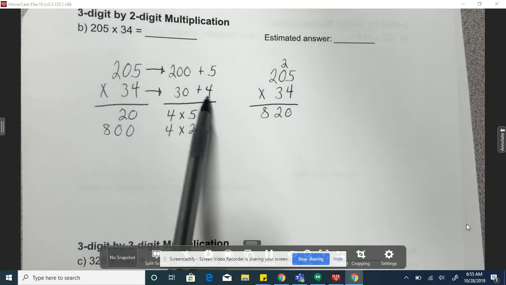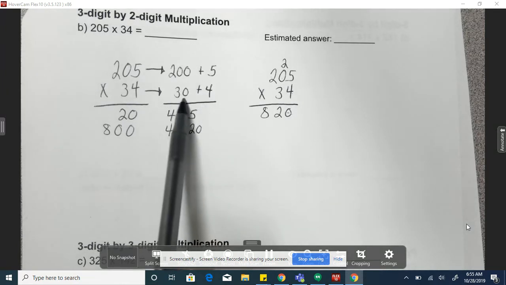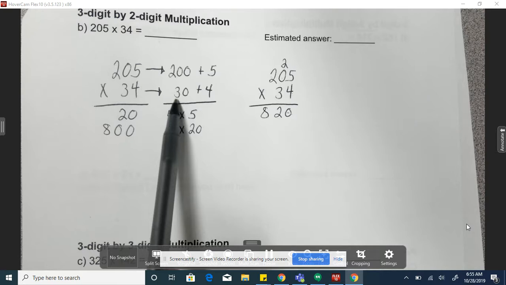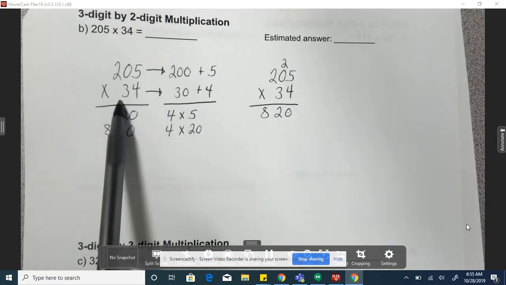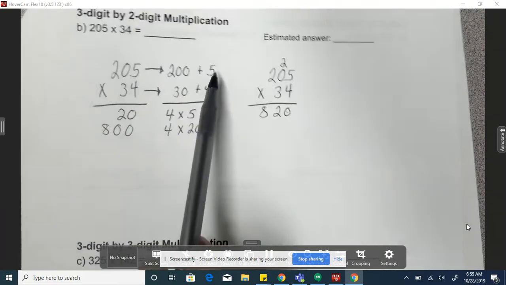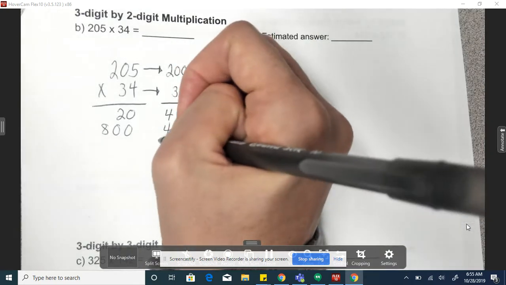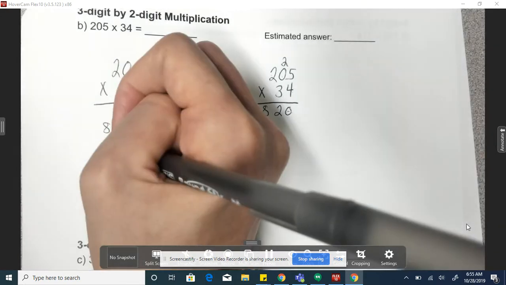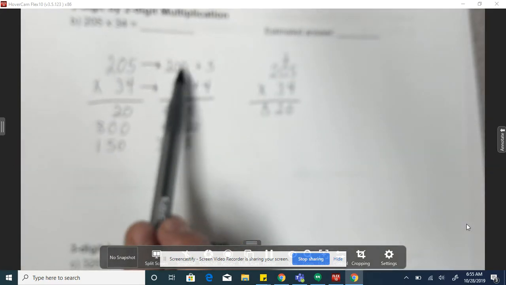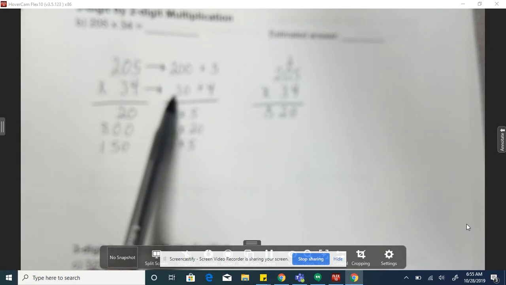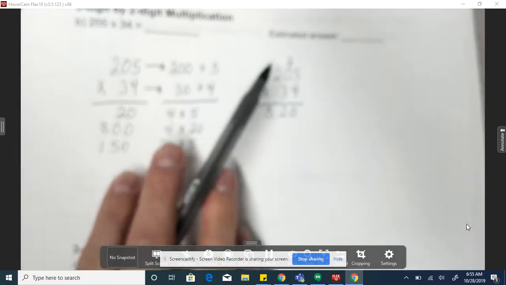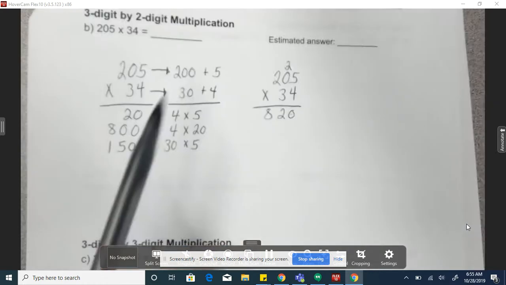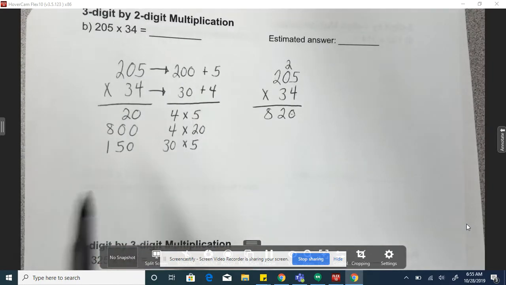Now that we've multiplied everything by the ones and the 4, we're going to move over to multiply the top numbers times 30, because the 30 represents the 3 in the tens place. We're going to write 30 times 5, which we know is 150. I'm going to write my answer over here, making sure to line up the place values. And now we're going to multiply the tens place times the hundreds place. So we're going to do 30 times 200.